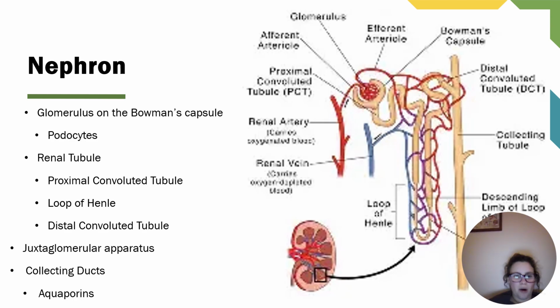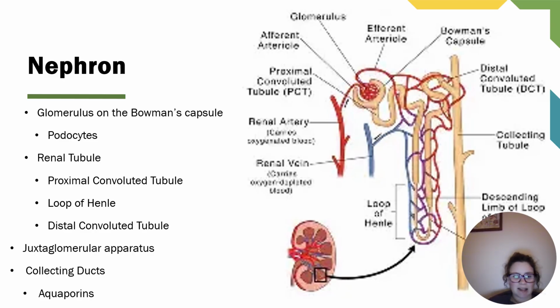And right below your distal convoluted tubule is your juxtaglomerular apparatus, and it allows for specialized cells to monitor the composition of fluid within the DCT.